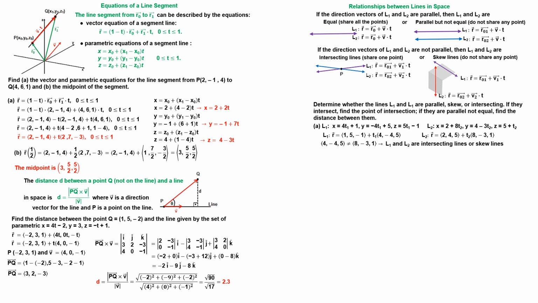To determine whether the lines intersect, we see if there is a point that lies on both lines. In other words, there would have to exist a single point whose coordinates satisfy the equations of both lines. And this leads to the following system of equations.